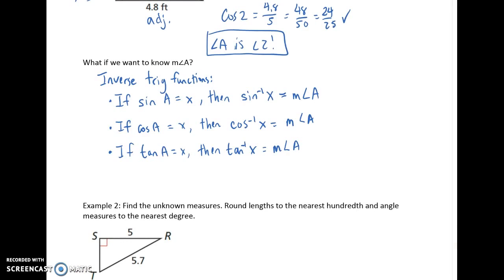Those are what we call our inverse trig functions. Again, feel free to pause if you need to as you jot this down. You'll see the notation is sine, and it looks like an exponent of -1, but what this means is the inverse. Just like how plus and minus are inverse operations, sine and sine -1 are a pair of inverse operations.